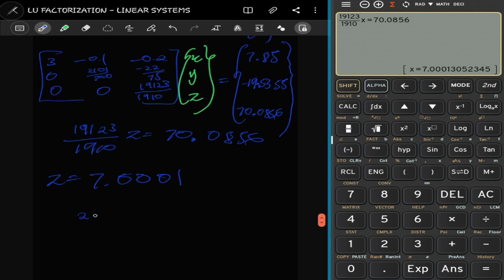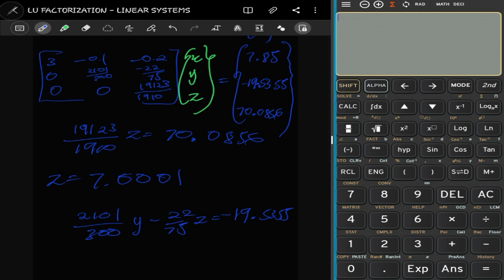XY. So we have here 2101 on 300 y minus 22 on 75 z, and that is equal to minus 19.5355. So this is what we're going to do. We have our y, which we're trying to find. We have a minus 22 on 75.